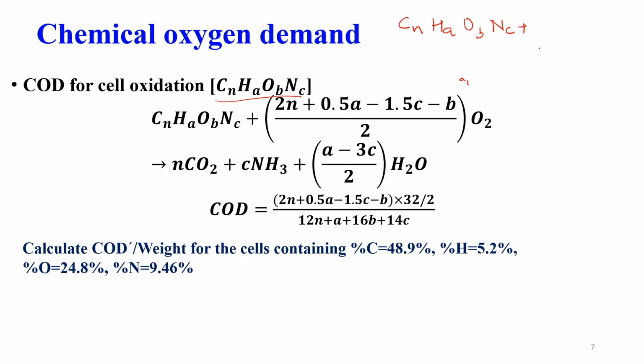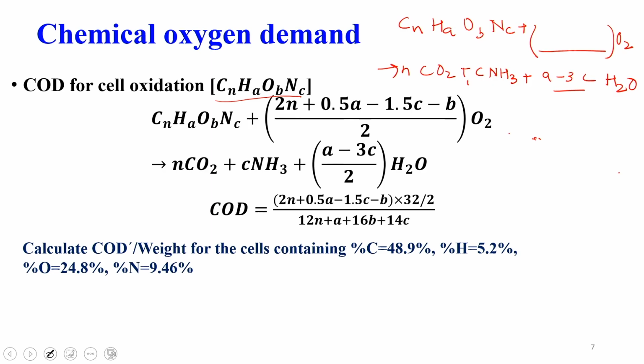This will require some amount of oxygen, and the products of oxidation will be nCO2 plus c times ammonia NH3 plus water H2O. The stoichiometric coefficient for water is a minus 3c upon 2.